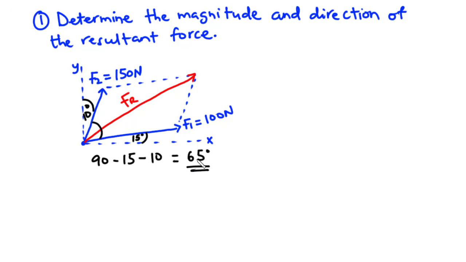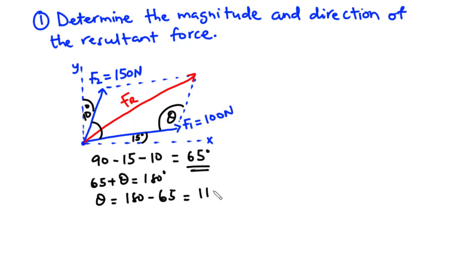So that is 65. Now this angle 65 plus theta gives 180 degrees. So it means that theta is equal to 180 minus 65, which is equal to 115 degrees.